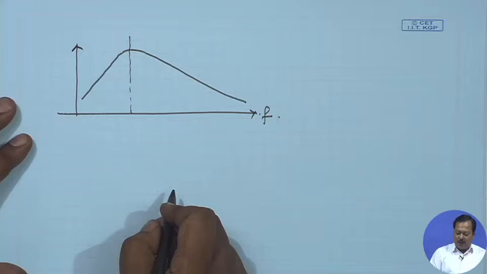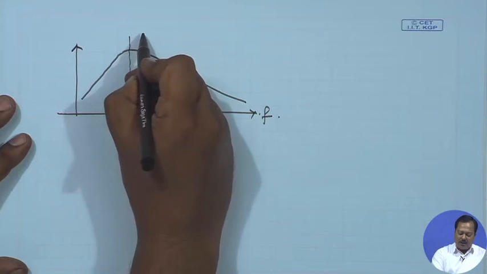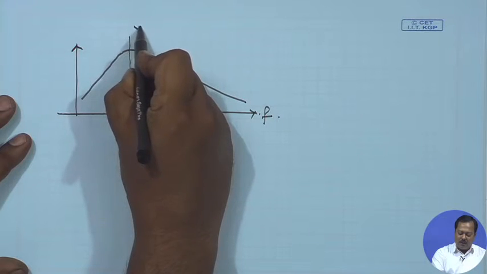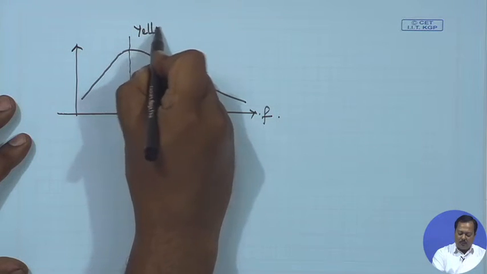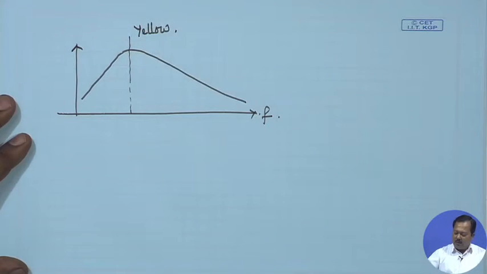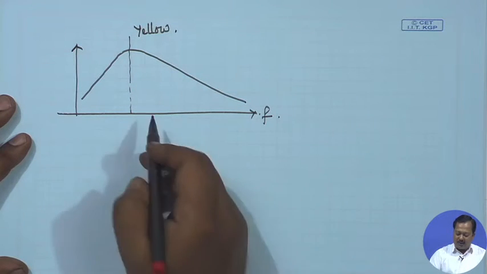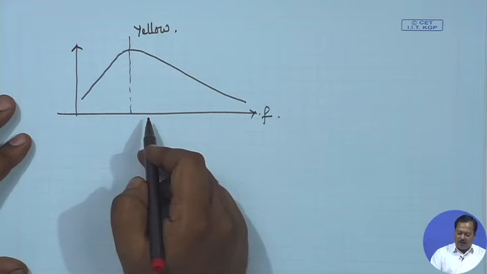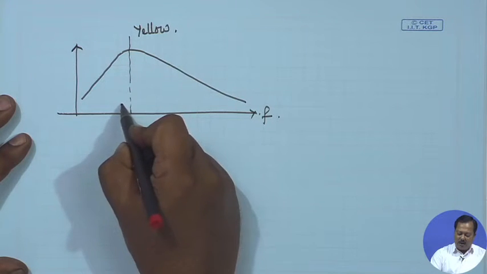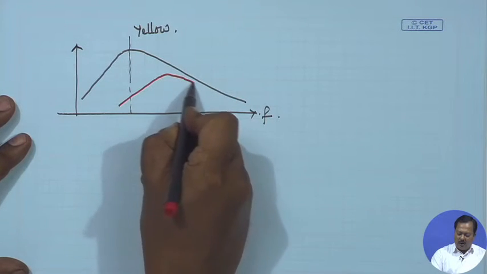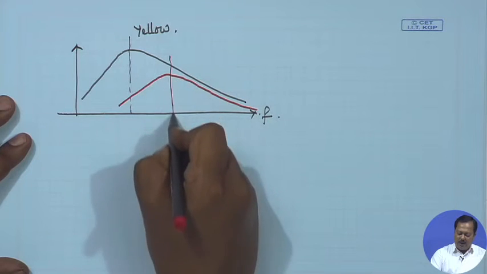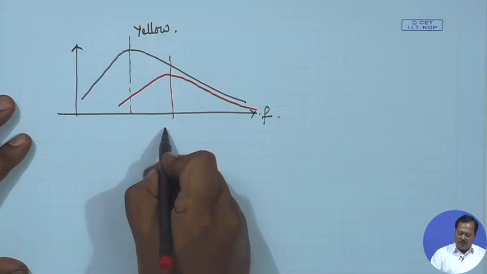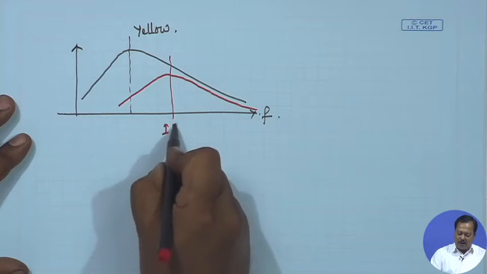For example, sun, its temperature is approximately 6500 Kelvin, and for which this peak value is at optical frequency yellow line. Now, if I consider ground, earth surface, and temperature let us say 300 Kelvin, then this peak value corresponds to infrared frequency range, IR range.